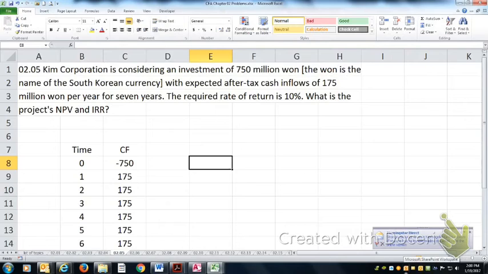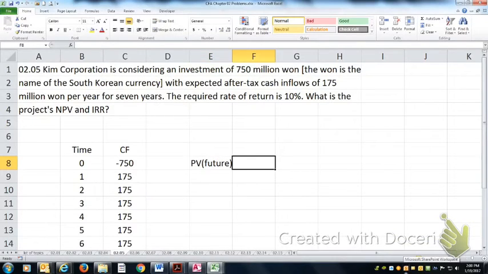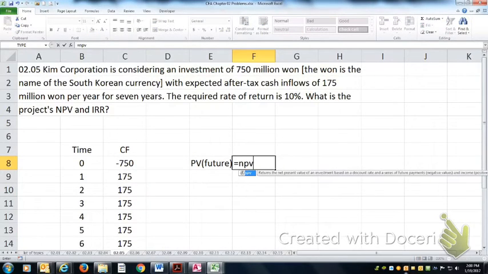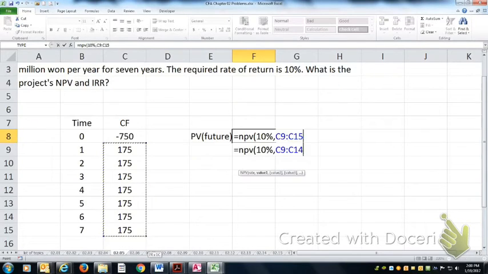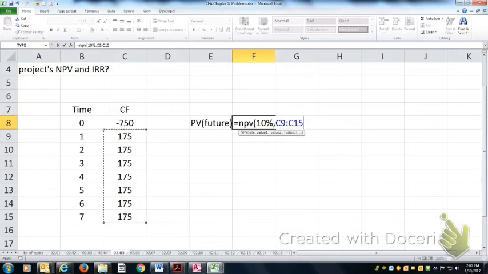To calculate the NPV, we first have to calculate the present value of the future cash flows, and at 10% required rate of return, that would be, using the NPV function, equals NPV 10%, comma, and then cover up cash flows 1 through 7 for years 1 through 7.